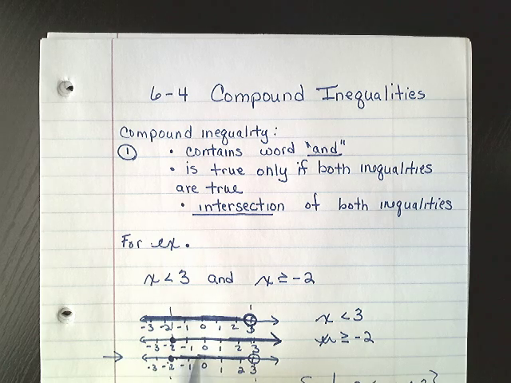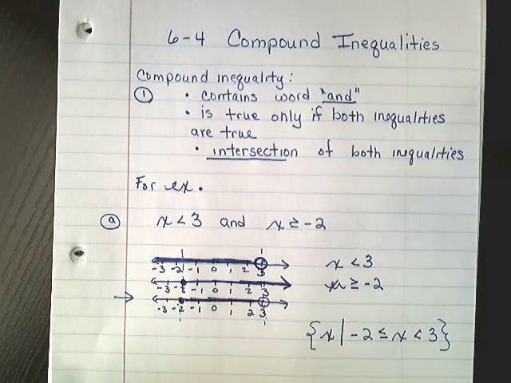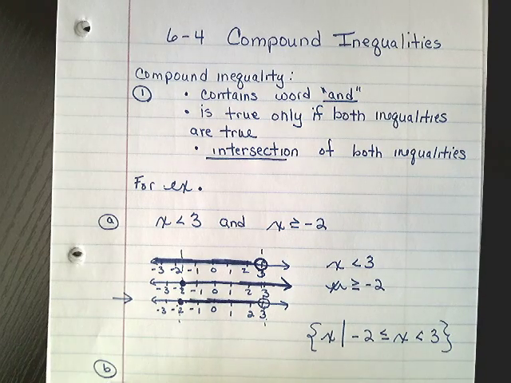So that would be this whole section in between my negative 2 and my 3. So for all values of x that fall between negative 2 and positive 3, including negative 2, would satisfy that inequality. Okay, now sometimes we see them as compounds.